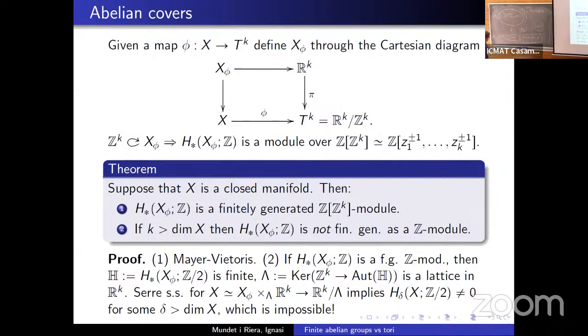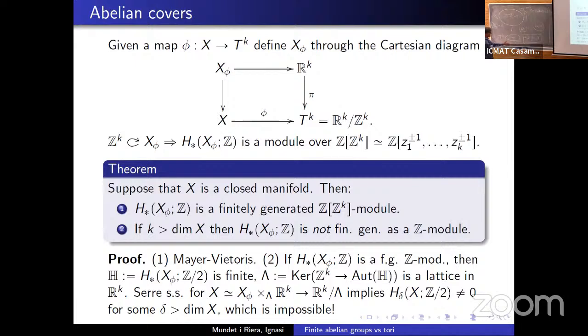The case of equality only happens when b is equal to the dimension of X, and in that case you can prove that the abelian cover is acyclic. And this implies that the cohomology ring is isomorphic to the cohomology of the torus.